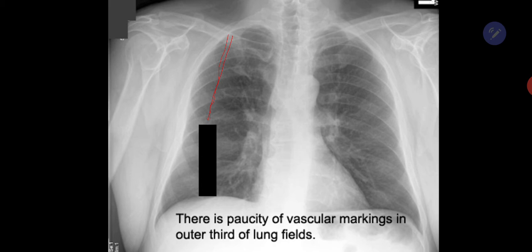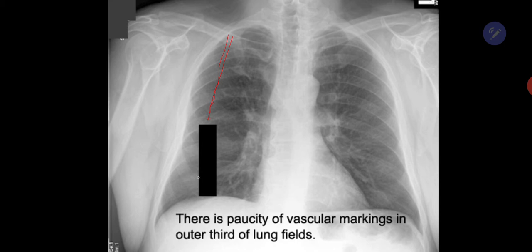And if you see increased vascularity in the outer one third, that means there is some pathology, and that's why I said that knowing the normal is the first step to read a chest x-ray.